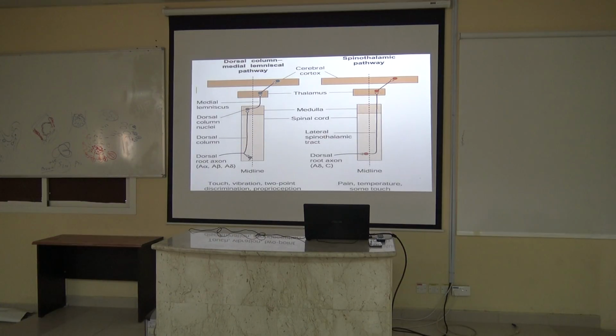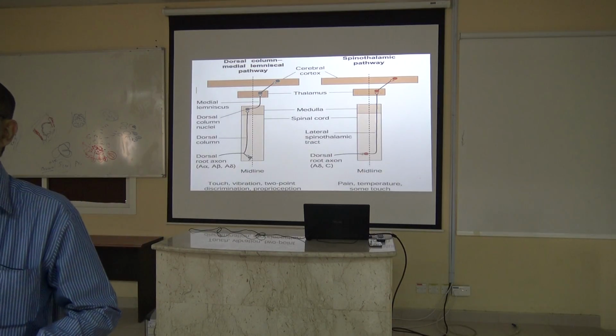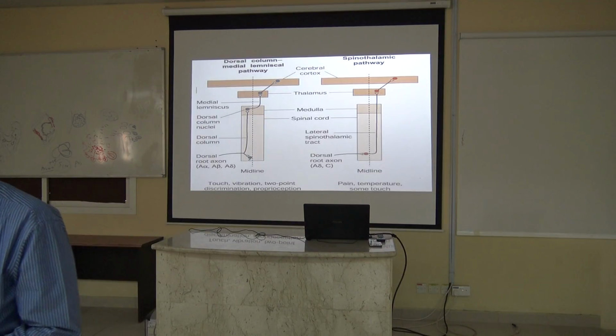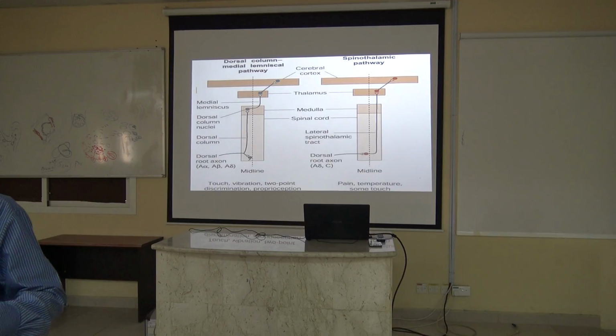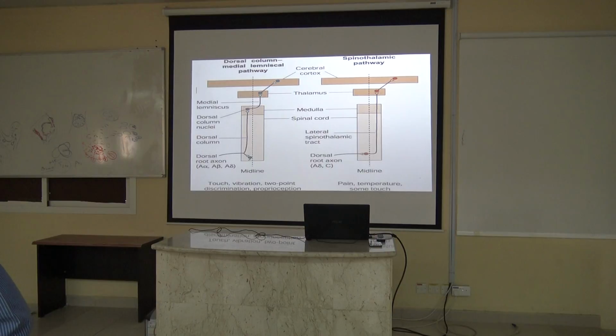That bundle is known as medial lemniscus. All right? Okay. So the dorsal column system from the outside up to the brain is known as dorsal column lemniscal system, or the dorsal column medial lemniscal system. Because it has a definite lemniscus in that, and that lemniscus is medial lemniscus.